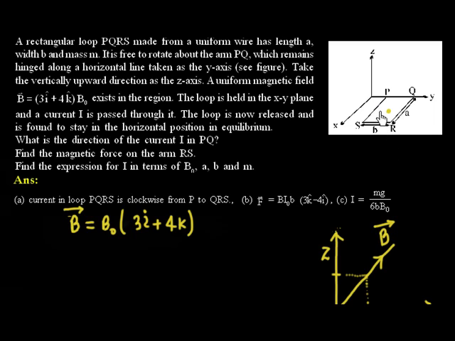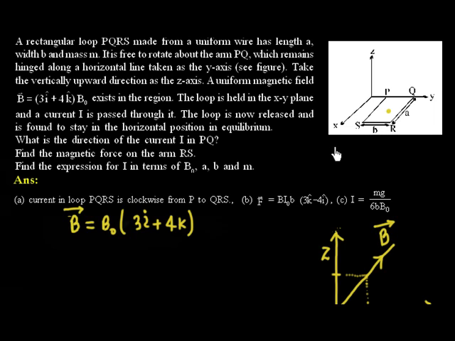But there should be a force, and that force should be upward, and that's why you will get an upward torque. So you can first calculate the direction of force, and then you can decide the current. There should be a z component of force, otherwise you cannot have equilibrium. If you have a z component of force, then you will have equilibrium. Then you can decide the direction of current.